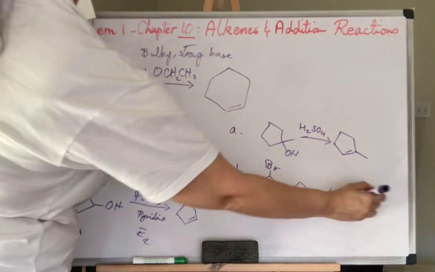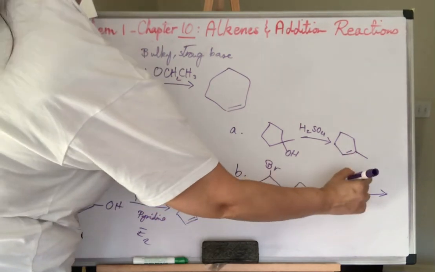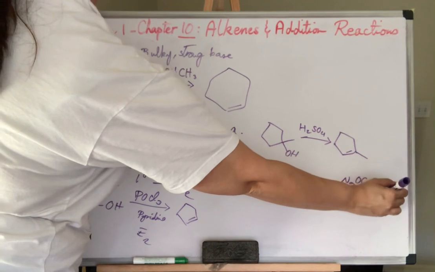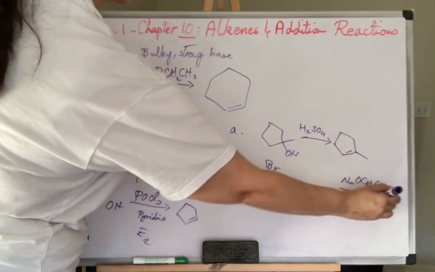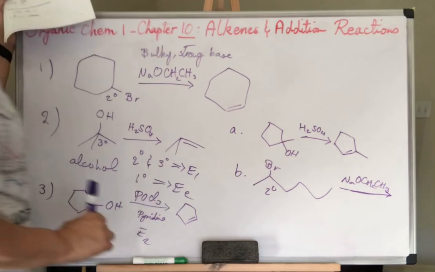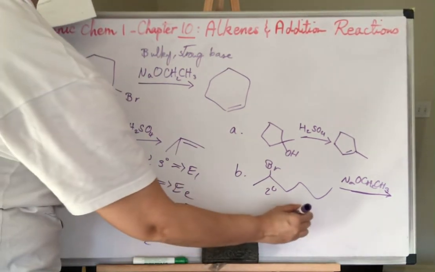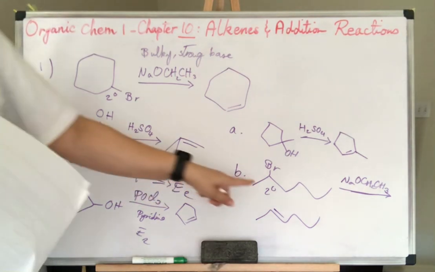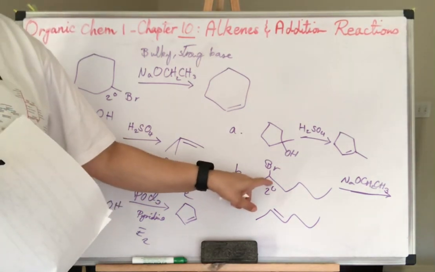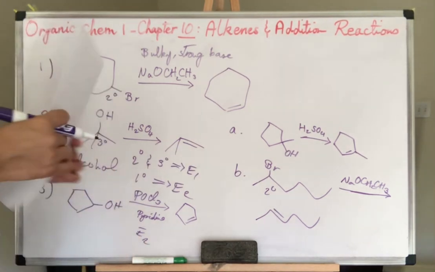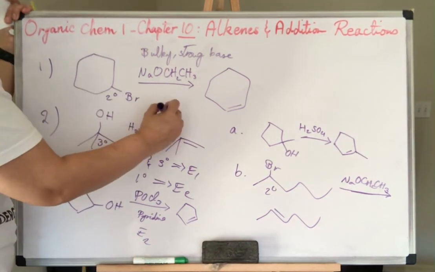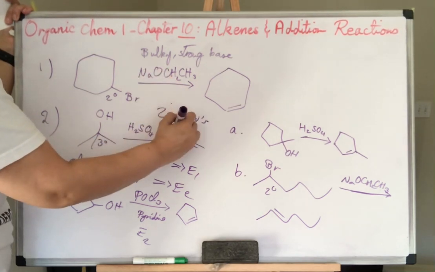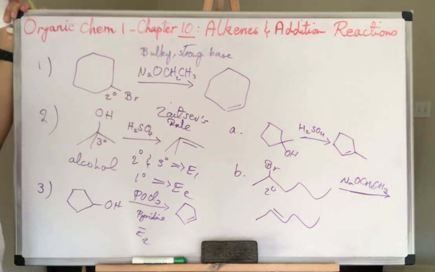Bromine, and you are using a big bulky base and a secondary alkyl halide. So using elimination reaction here, the Zaitsev rule actually matters. Here you have fewer substituents, here you have more substituents. So don't forget to use Zaitsev in all of these eliminations.